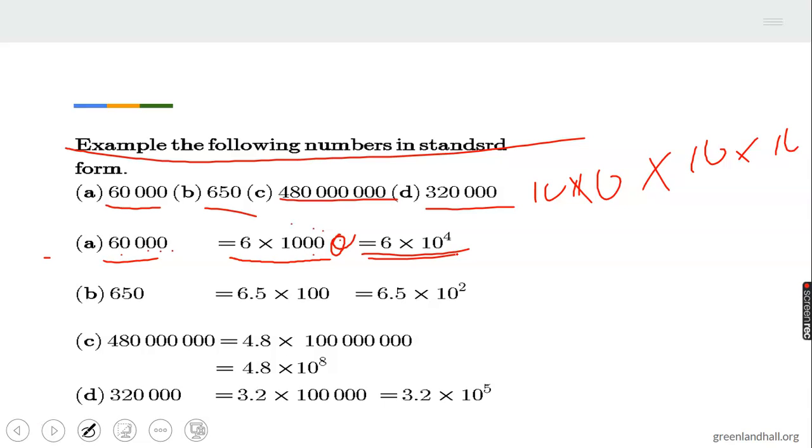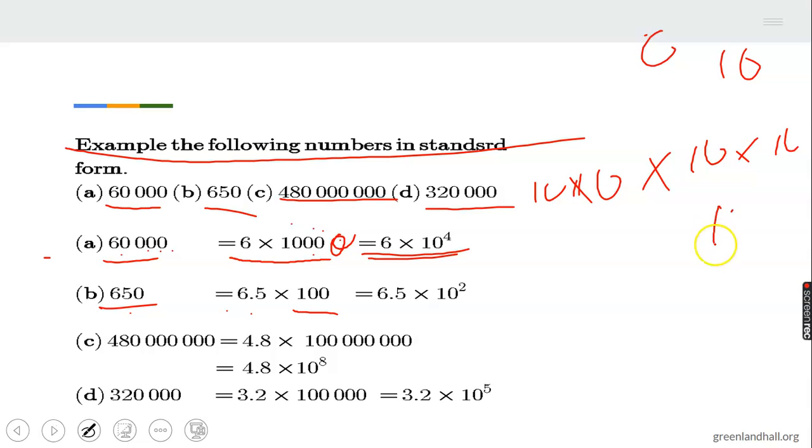Now, the second one is 650. Now, how many zeros am I having here? In 650, I have 1 zero. But if I count 5 with it, that means I will have to introduce a decimal point. That means 6.5 times 100. The number of zeros will tell you what you have. For instance, if I have 1 zero, that means it is 10.